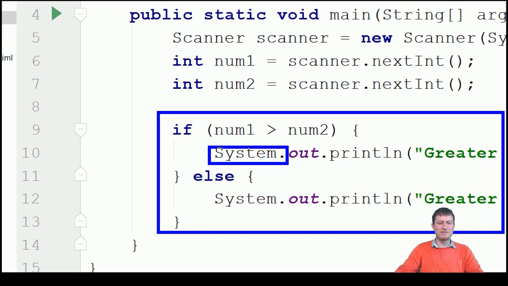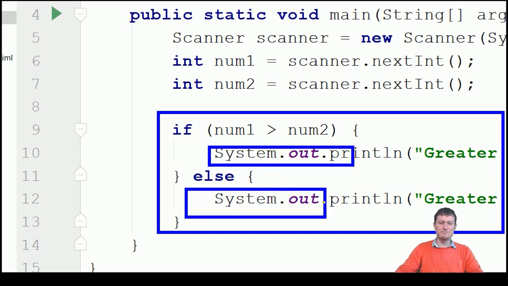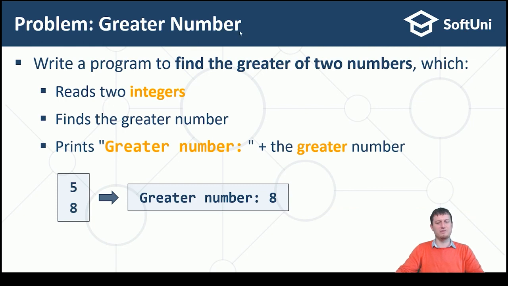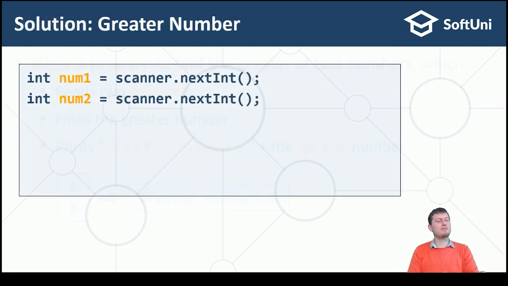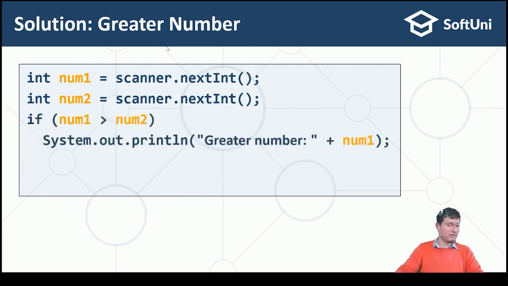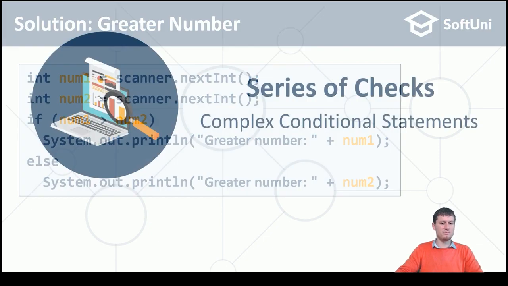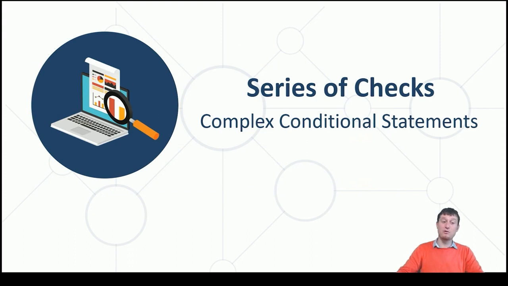It has a check if something is correct, otherwise do something else. Very simple, but this is how the if-else statement works. This is the way we can solve this problem, and my solution here is very similar to the other solution which I already demonstrated.